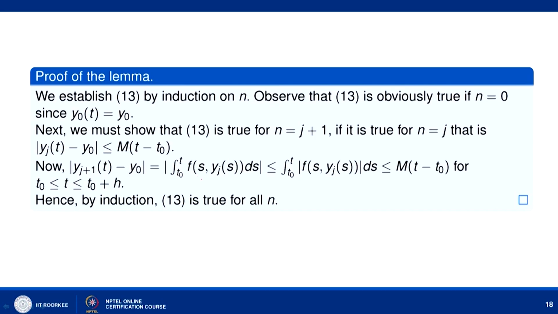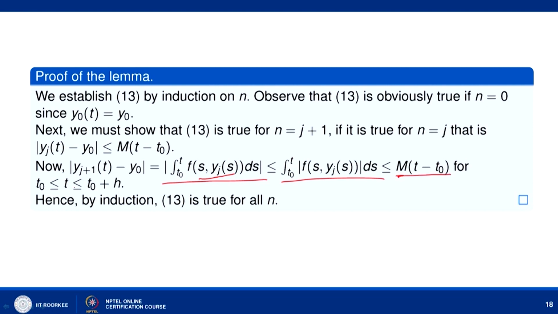Now, here we already know that (s, y_j(s)) belongs to the rectangle, and in this rectangle f is bounded by M. So, we can say that this is bounded by M times the integral from t naught to t of ds, which gives M times modulus of t minus t naught.